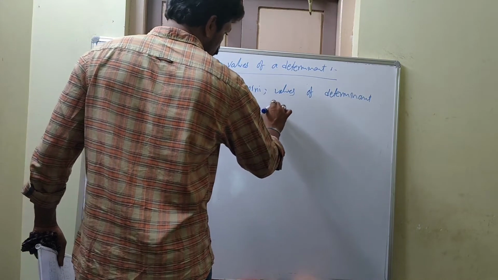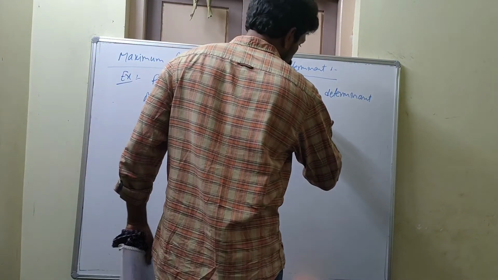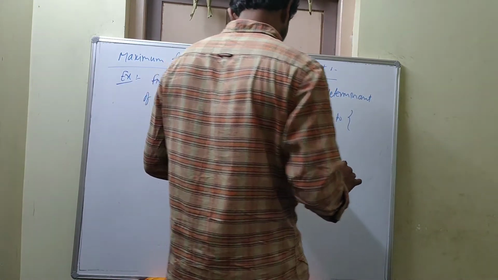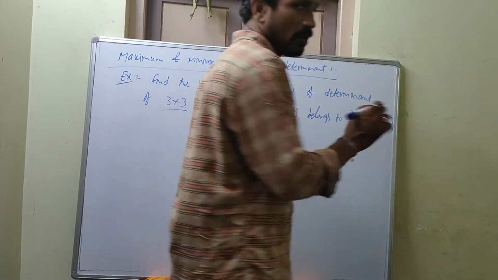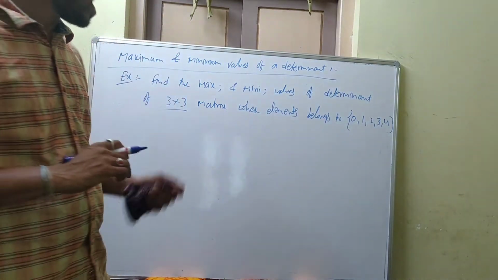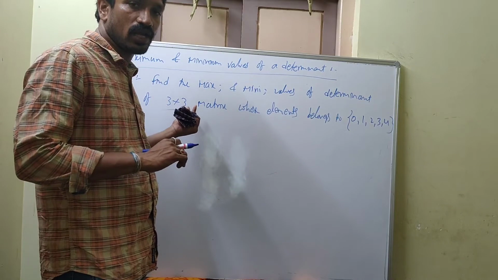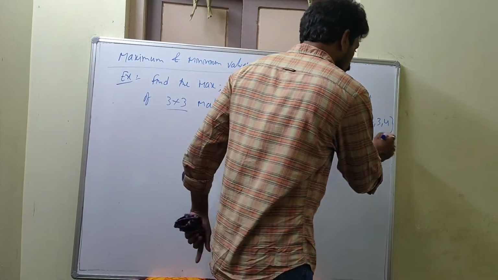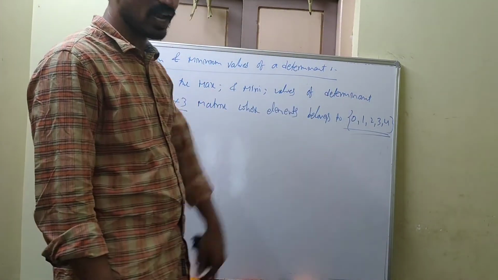Whose elements belong to 0, 1, 2, 3, 4, whatever may be the given elements, no problem. So to find maximum or minimum values of determinant of any order, 3 by 3, 4 by 4, whatever may be. So if they given entries 0, 1, 2, 3, 4, they didn't give the matrix, but they given entries.